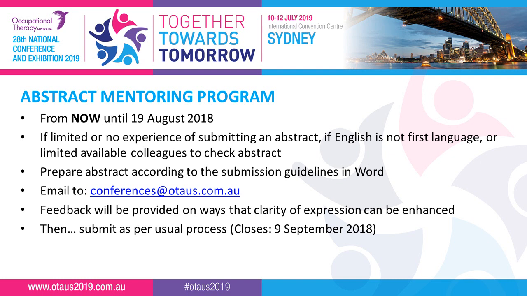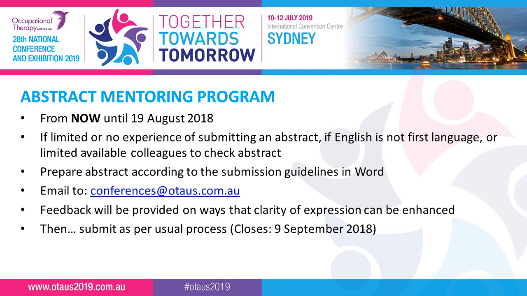What this program does, it puts people into connection with members of the scientific committee, and we support new presenters or new abstract writers in developing and building the quality of their abstract.